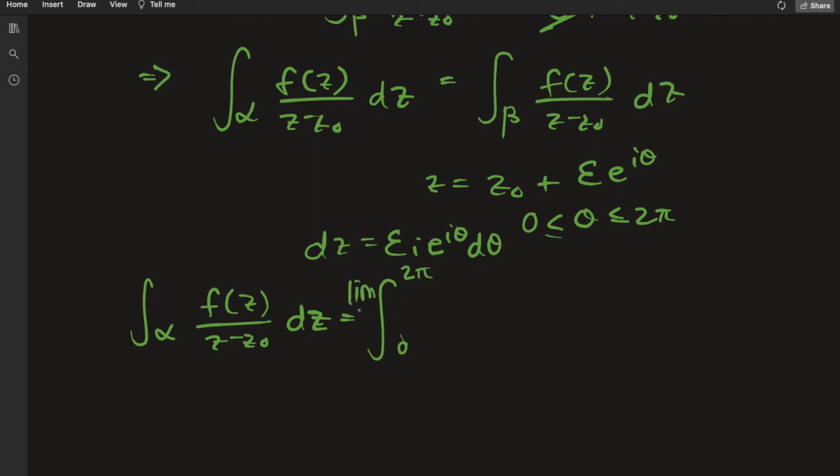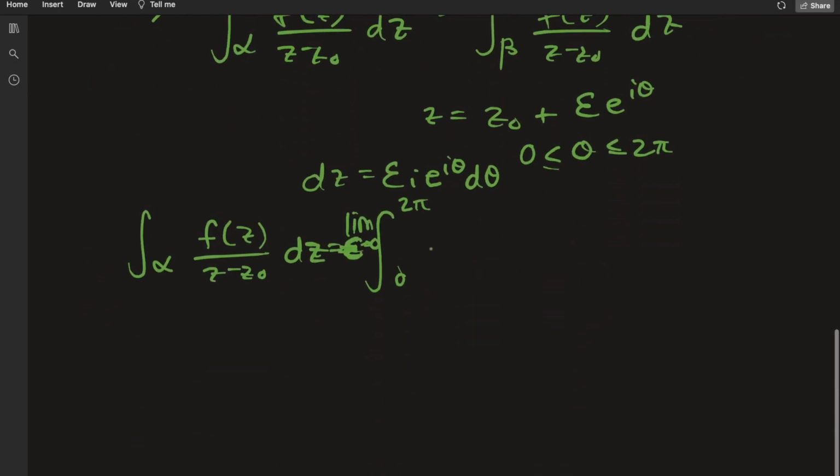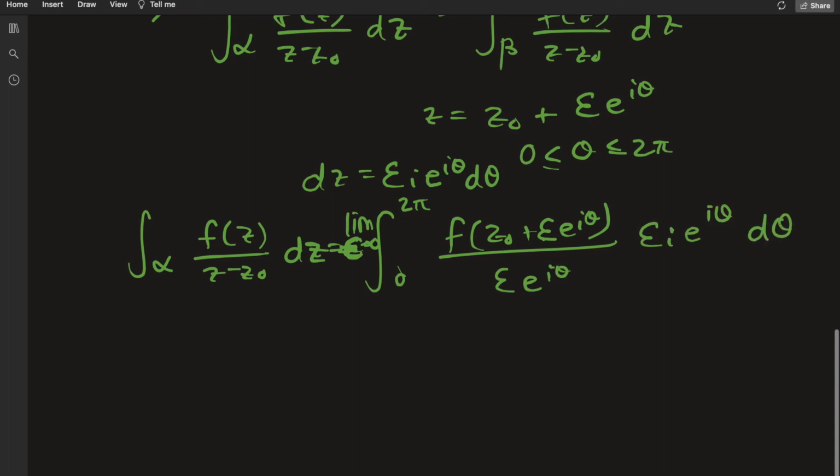Let me take the limit as epsilon goes to 0, because that was a condition for contour deformation. We need epsilon to go to 0, remember? Otherwise this wouldn't work. It's the integral from 0 to 2 pi of f of z naught plus epsilon e to the i theta over epsilon e to the i theta, times epsilon i e to the i theta d theta.